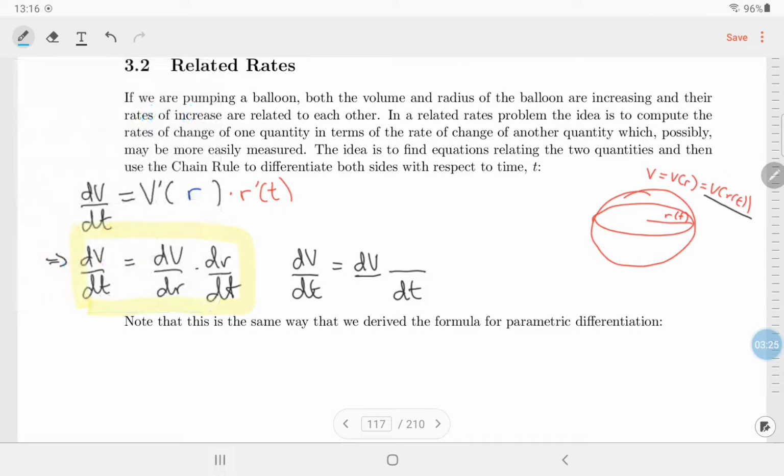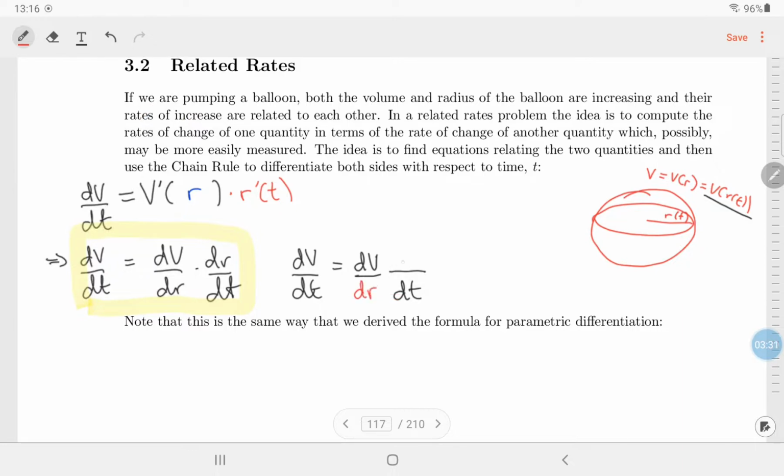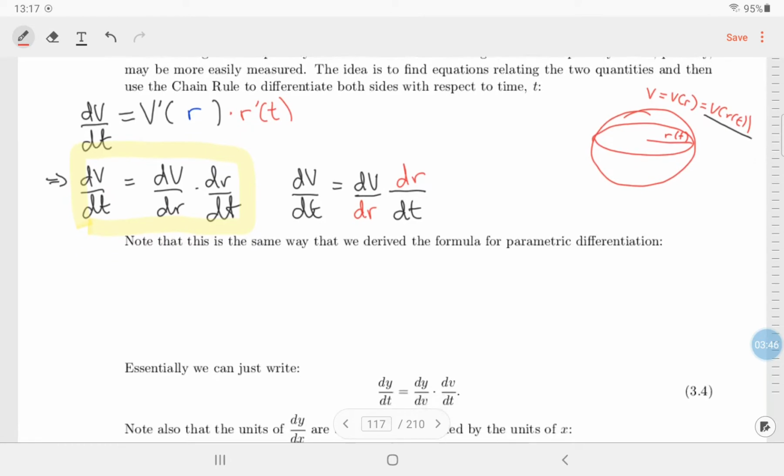You could put in area, for example, but we'll usually be interested in something else, like, for example, here, radius. So that highlighted formula, this is how you would form it. Okay, and we'll see it work in examples. So it's a relationship between rates of change of volume with respect to time and radius and the rate of change of radius.